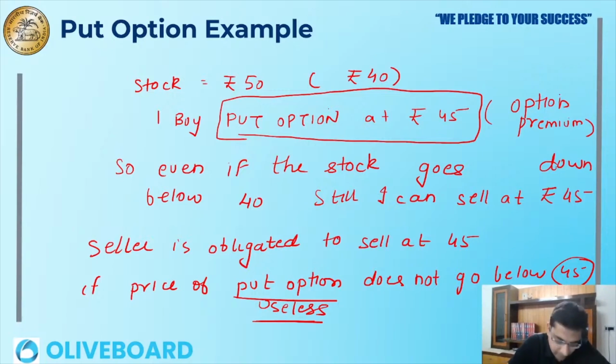In that case, what have you lost? You have not lost your money, you have lost only the premium that you have given. Like if you have given 1 rupee as a premium, that only you have lost. You have not lost the whole value of the shares.